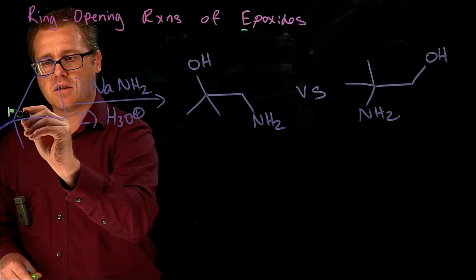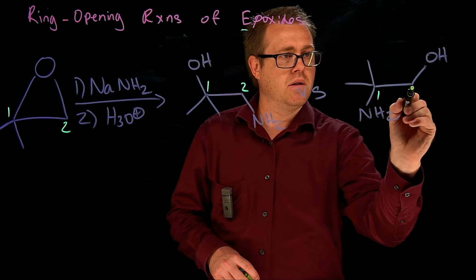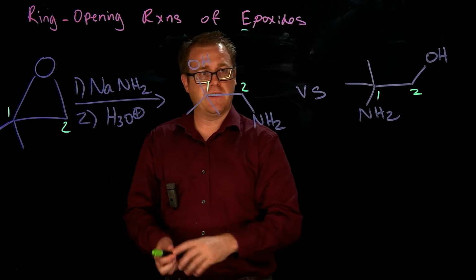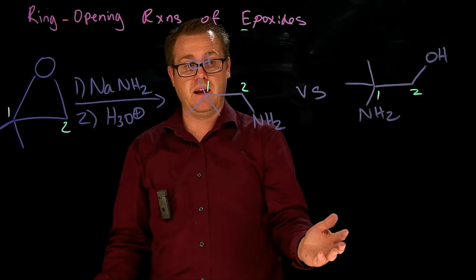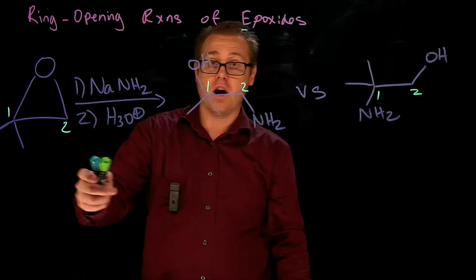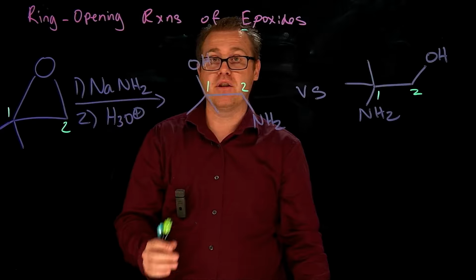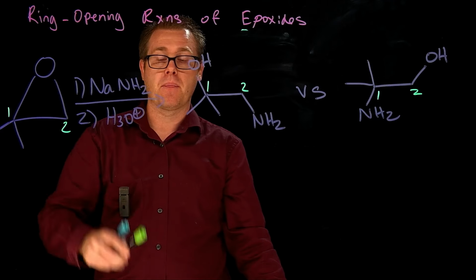If I number that carbon 1 and carbon 2, this is regioselectivity. Which carbon is this nitrogen species going to prefer to attack, carbon 1 or carbon 2?